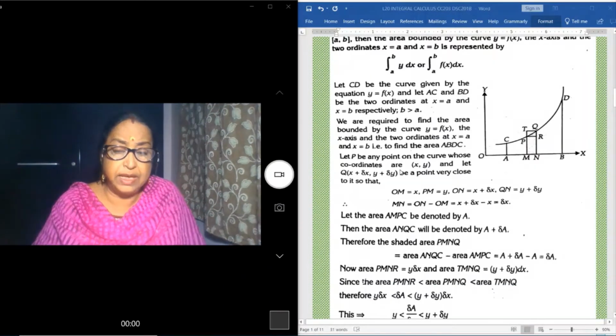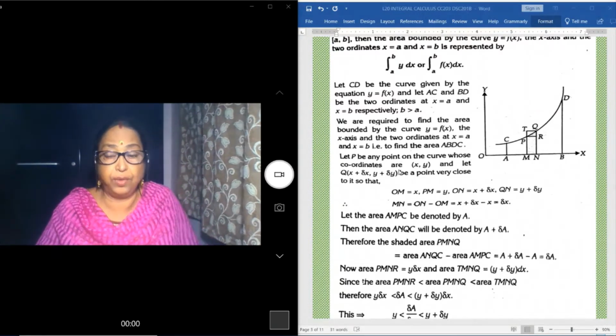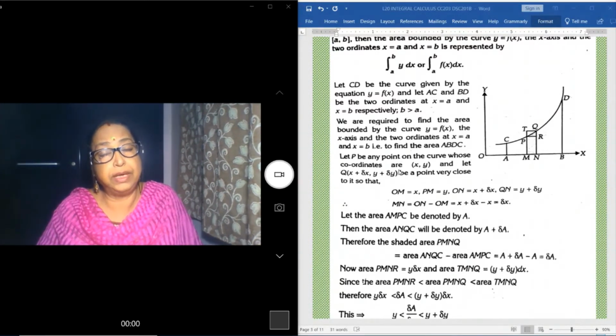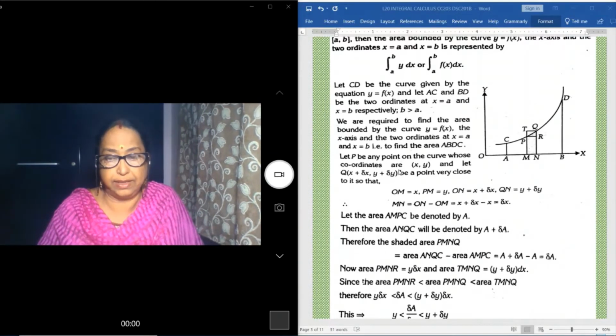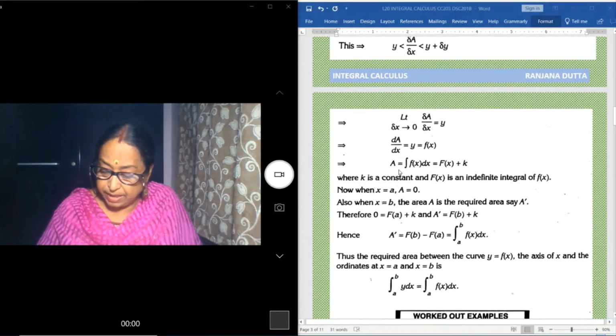Sometimes it can be x into dy also. In that case, you are to put the limit of y. So here we will discuss some examples.